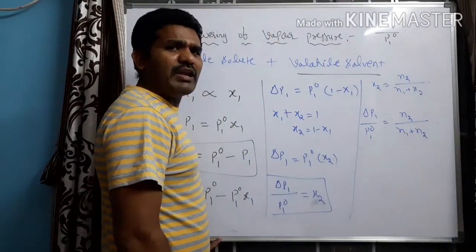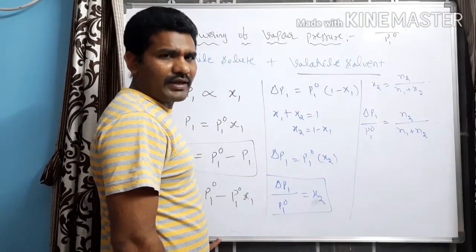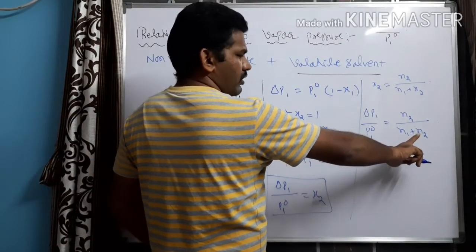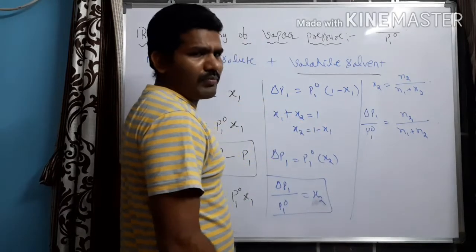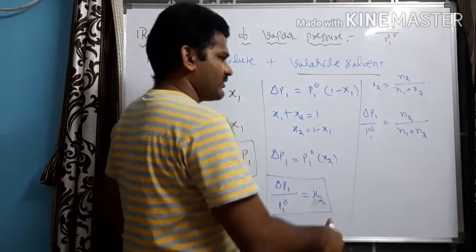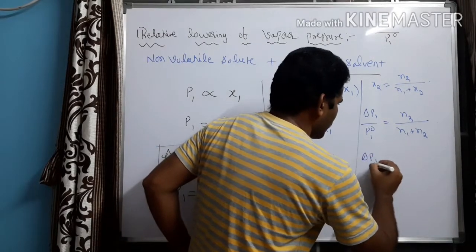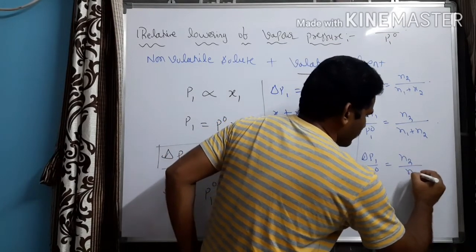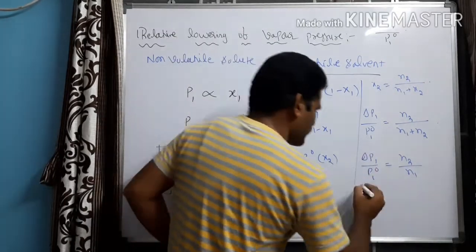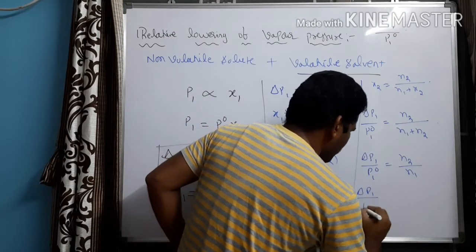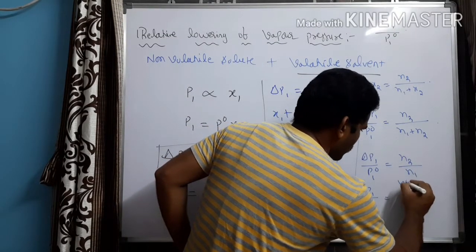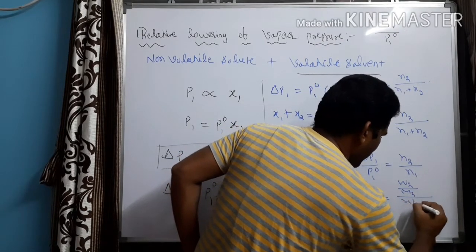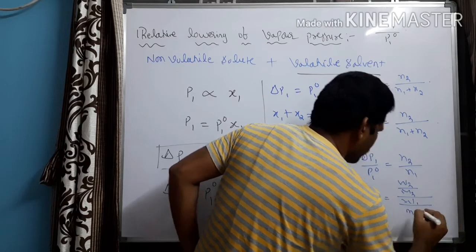When I take a dilute solution, the number of moles of solute will be very, very less compared to the number of moles of solvent. So I can rewrite the equation as delta P1 by P1 naught is equal to N2 by N1. I can rewrite the equation as delta P1 by P1 naught is equal to W2 by M2 divided by W1 by M1.